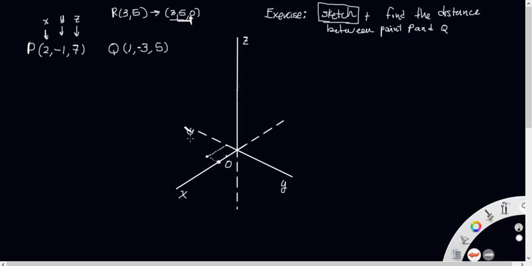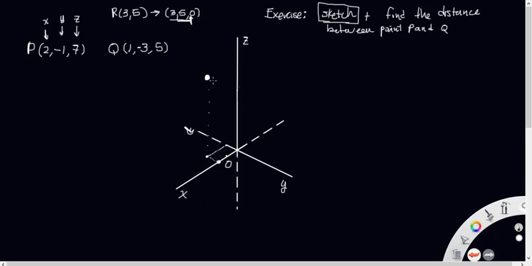So this is the first 2 coordinates: 2, -1. And let's go up the z-axis 7 units: 1, 2, 3, 4, 5, 6, 7.